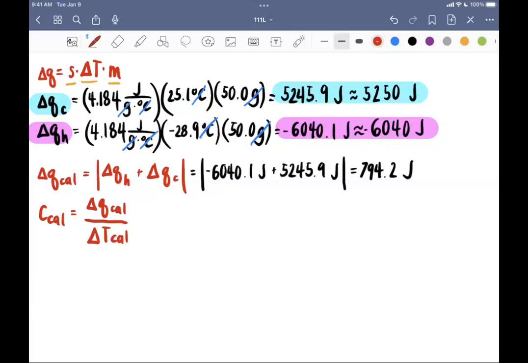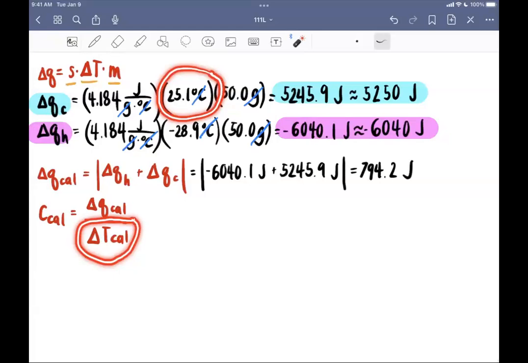And you equilibrated that cold water so that it was matching the temperature of the calorimeter, essentially. And so what that means is that we're going to use the change in temperature for the cold water, or 25.1 degrees Celsius here, for our change of temperature for the calorimeter from the addition of hot water to cold water.